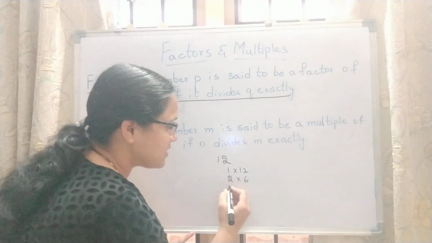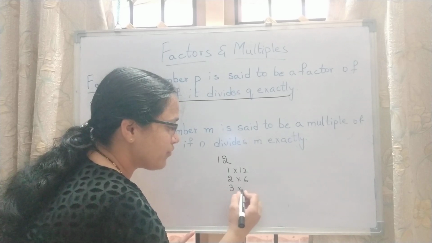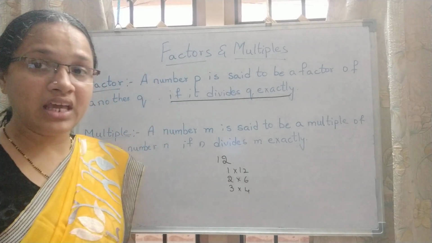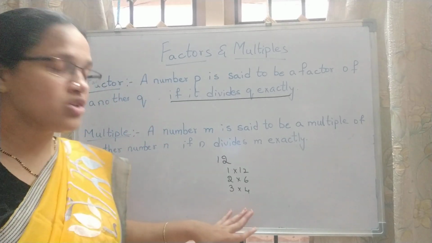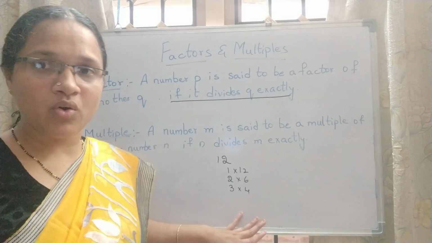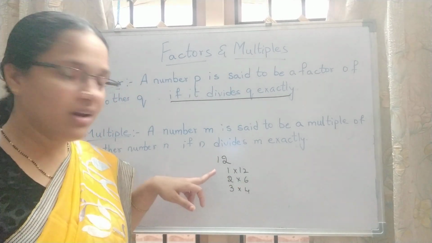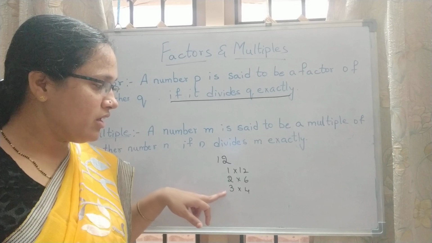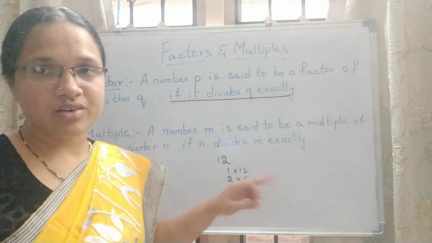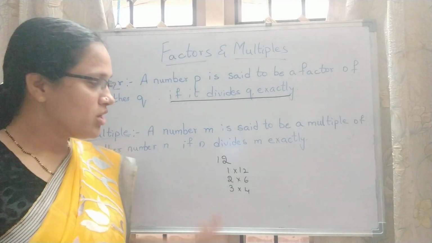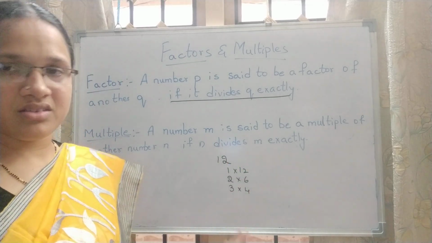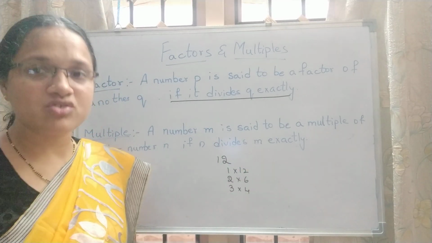In the 3 table it goes for 4 times. In the 4 table it goes vice versa for 3 times. So I stop writing here. The factors of 12 are 1, 2, 3, 4, 6 and 12.